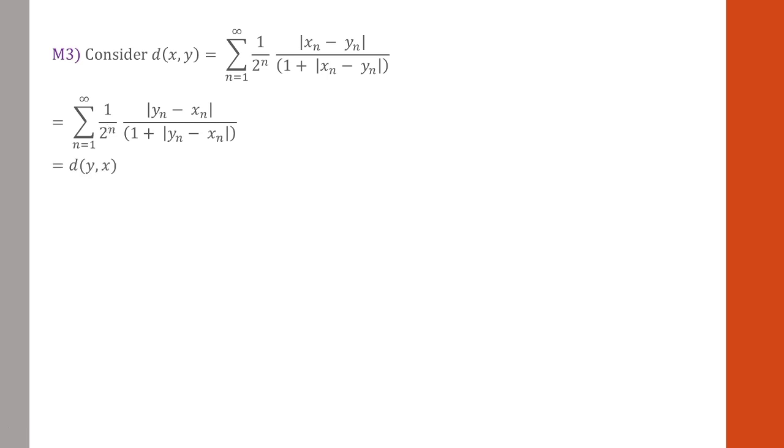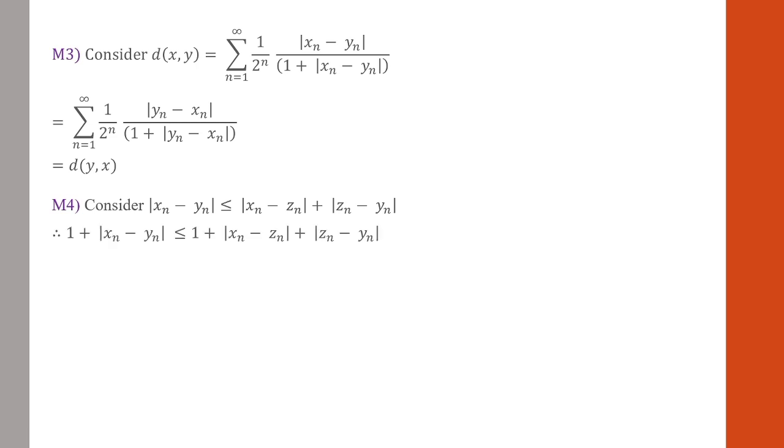Now to prove the triangle inequality, by the property of absolute value, we can write the absolute value of xn minus yn is less than or equal to the absolute value of xn minus zn plus the absolute value of zn minus yn, for all xn, yn, zn belonging to X. So now here we have to add 1 to both sides.